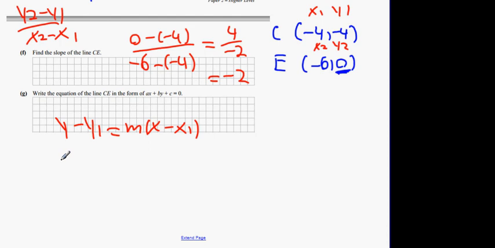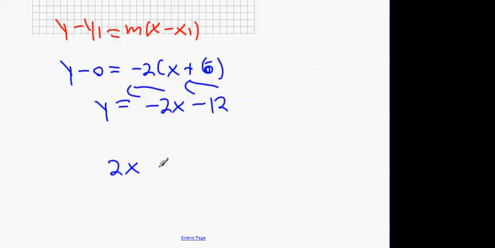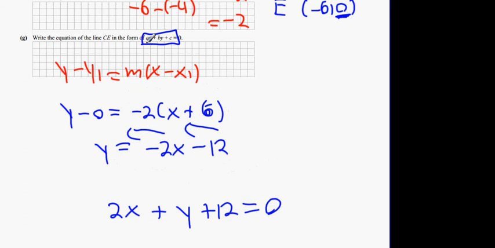So we're going to do y minus 0 equals minus 2 into x minus minus 6. What's minus minus 6, anybody? Plus 6. And then we're going to multiply it out. We're going to get y equals minus 2x minus 12. Bring the 2x and the 12 over the other side, and we're going to get 2x plus y plus 12 equals 0. Do you notice that all the numbers have to be on one side and the equals 0 is left on the right hand side?